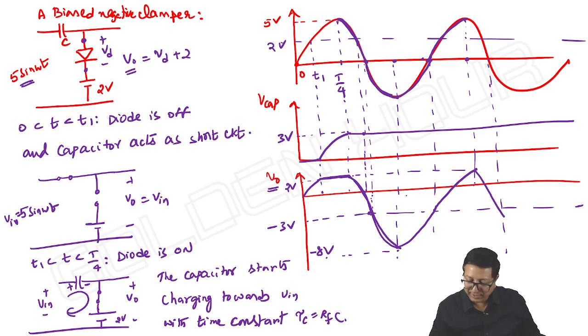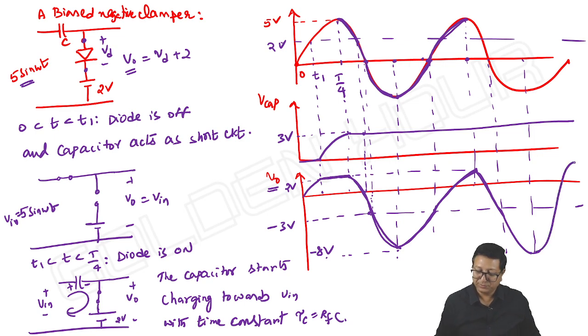Again here input is rising by 5, output also rises by 5, so it becomes minus 3. Here to here input rises by 5, output also rises by 5, so minus 3 to 2 it will rise. Again 2 to minus 3, minus 3 to minus 8, like this. This is how we can see. I hope you get it. Now this is the transient part.